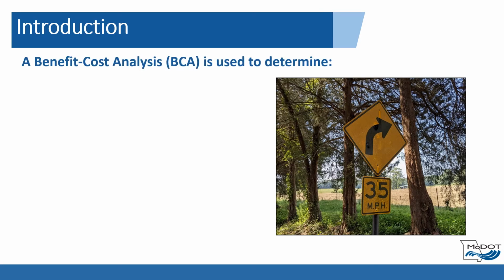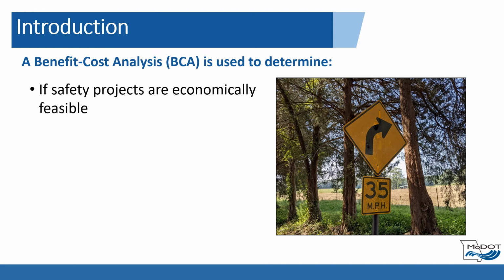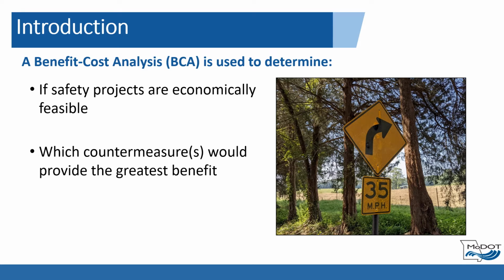A benefit cost analysis, BCA, is used to determine if safety improvements are economically feasible, or if the potential benefits are greater than the anticipated costs. Which traffic safety countermeasures would provide the greatest benefit? This factors in cost of the countermeasures.